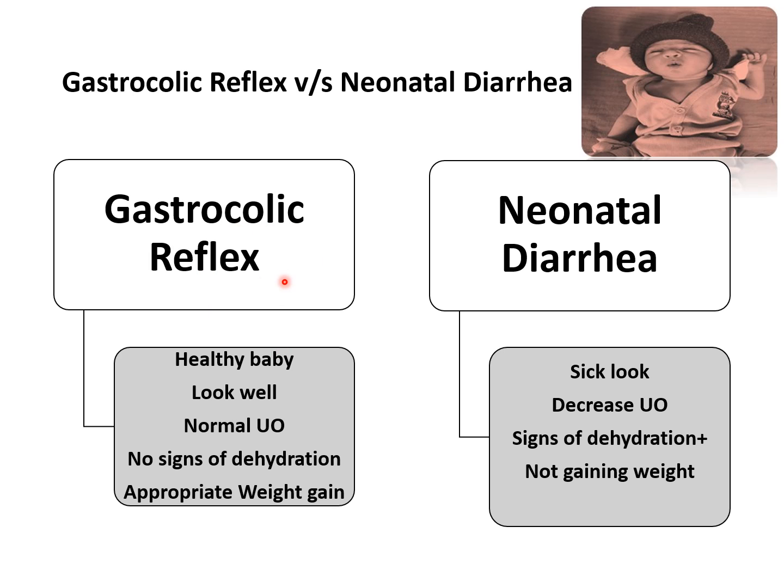In gastrocolic reflex, the baby will look healthy and well, normal urine output will be there, there will be no sign of dehydration, and appropriate weight gain will occur. While in neonatal diarrhea, there is a sick look, decreased urine output, signs of dehydration, and the baby will not gain weight. So this is also asked in the viva: how to differentiate physiological and pathological conditions.